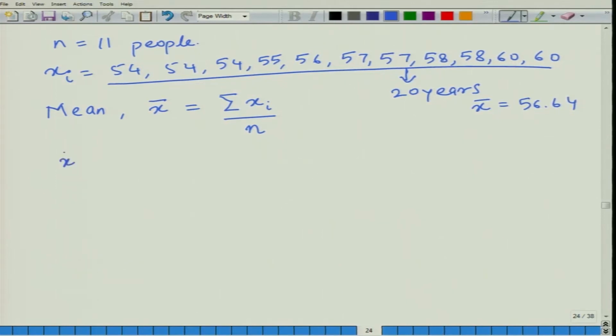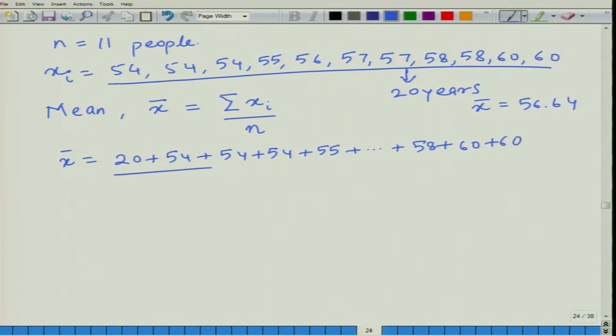So, now x bar would be equal to 20 plus 54 plus 54 plus 54 plus 55 plus so on till 58, 60, 60 whole divided by, now the total number of values becomes 11 plus 1 equal to 12. So, now this value comes to be 643 divided by 12, which is 53.6 years.